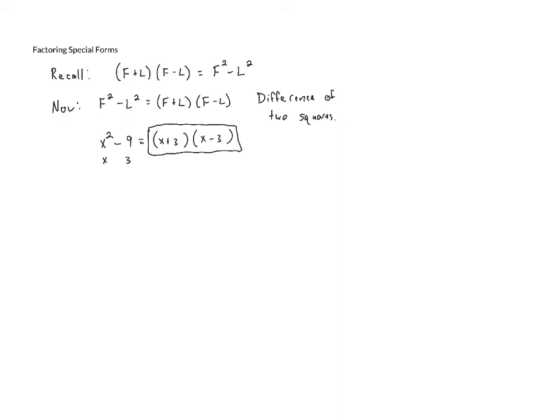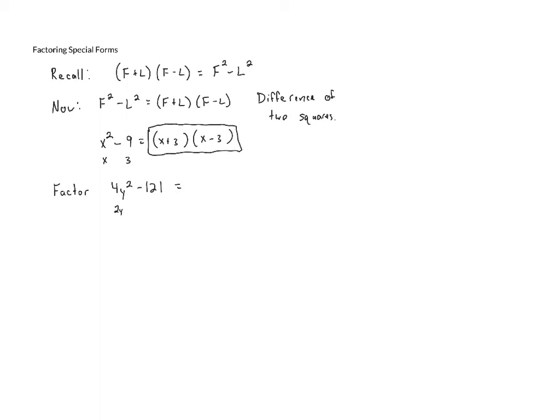Let's do a couple more. Let's factor 4y squared minus 121. Again, this is a difference of two squares. 4y squared is a perfect square. It's 2y squared.